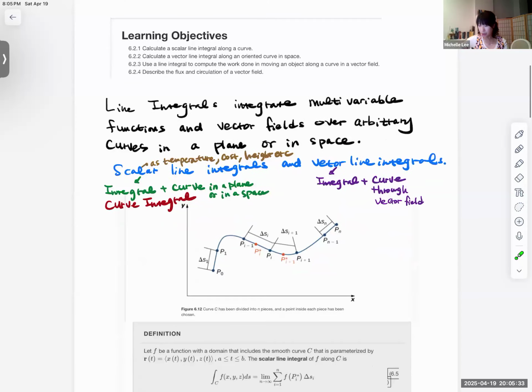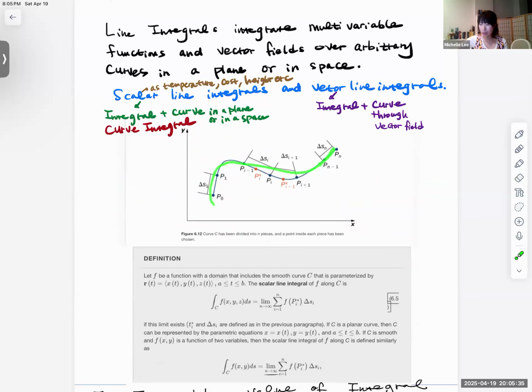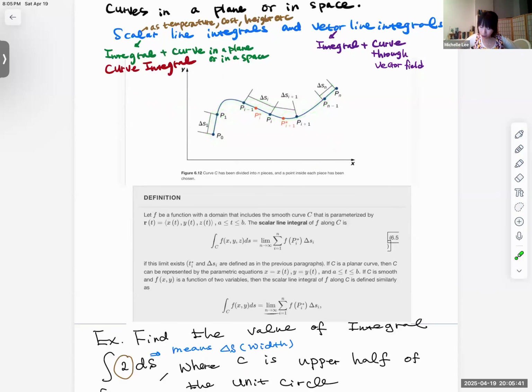So we have a picture, a line, a curve. Now we have f, a scalar function.